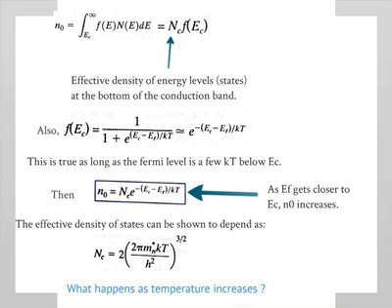Okay, what happens to NC, the effective density of states? Does it increase or decrease? Right, it increases. What happens to the other term, F of E? Increase or decrease? There are only two terms there, so it's pretty straightforward.